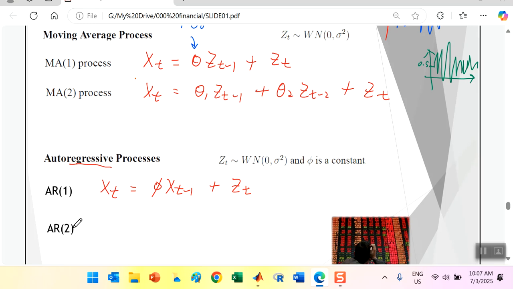So for order 2, you're going to have 2 lags of XT: phi 1 XT minus 1 plus phi 2 XT minus 2 plus ZT. So not only lag 1 but lag 2 as well. So not only yesterday but information from 2 days ago is going to influence the XT.